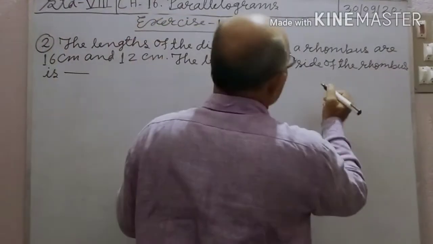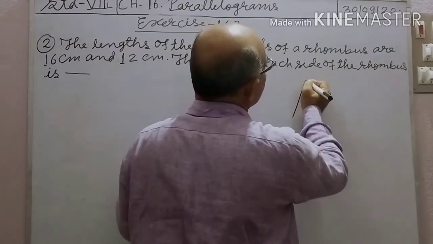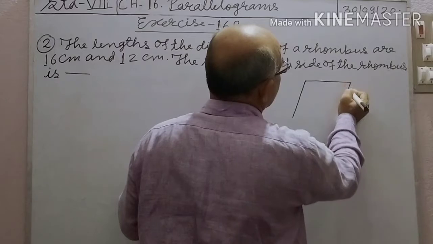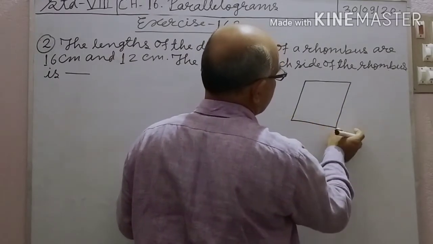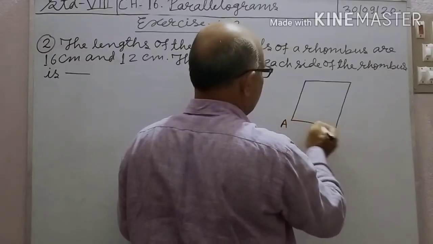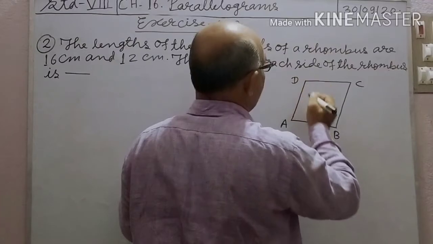Students, first of all, draw a figure of the rhombus ABCD.